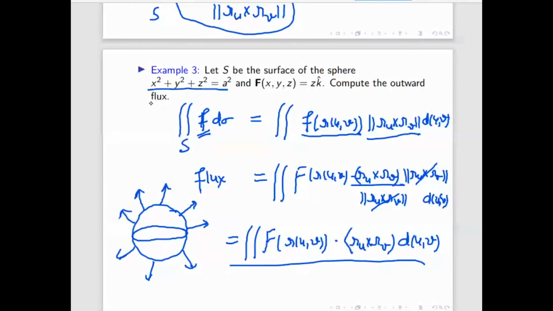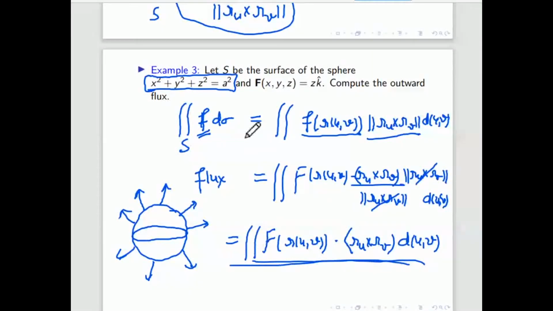Finding flux is the same as finding the surface integral of this vector field. We will do the parameterization, calculate Ru and Rv, calculate the function value at r(u, v), and then integrate over the limits of u and v. After that we'll get the flux.